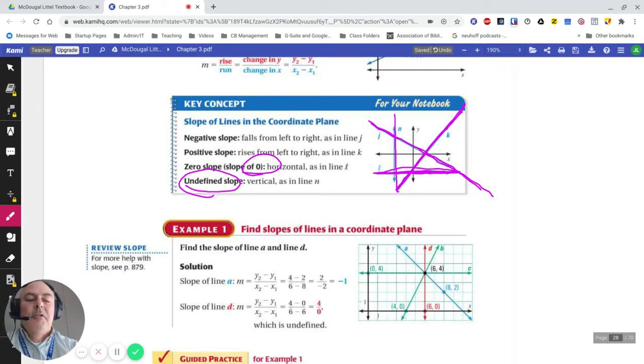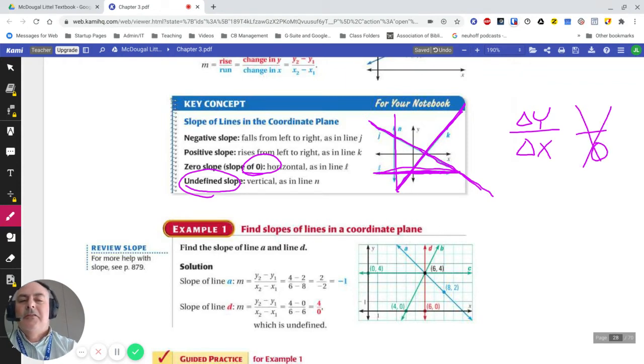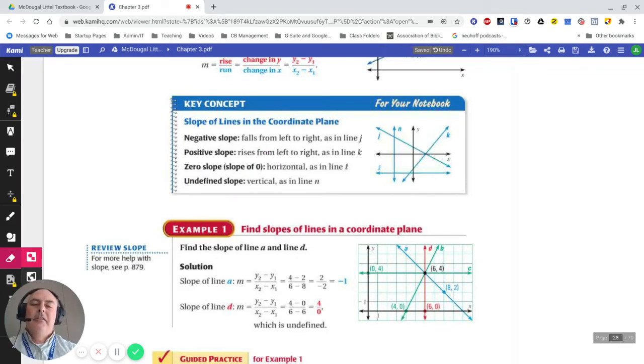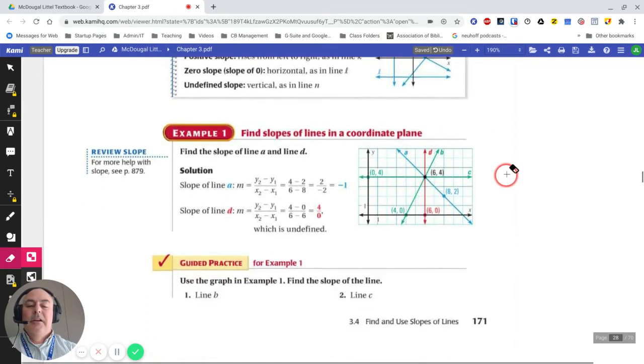And if we remember, my rise, which is y's, over run, I now have something divided by 0, and I know that doesn't work, which is why a vertical line does not have any slope. It's undefined. So downhill negative, uphill positive, flat is a 0 slope, straight up and down is undefined.